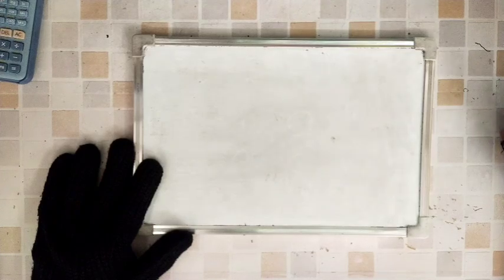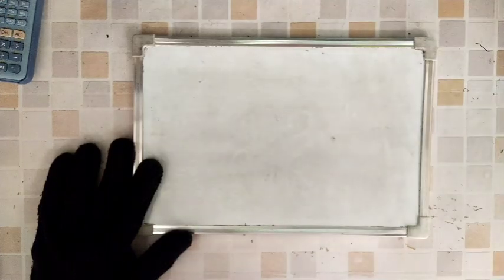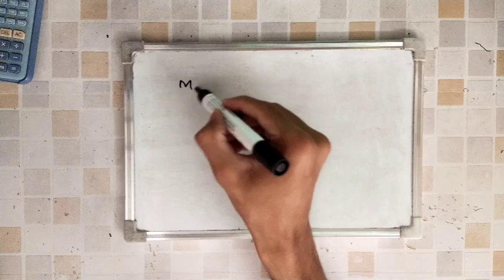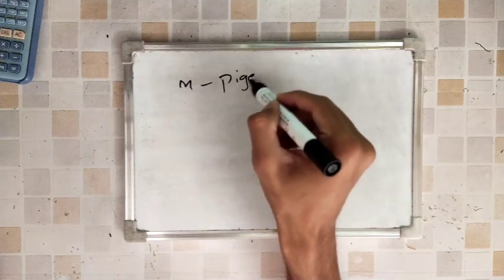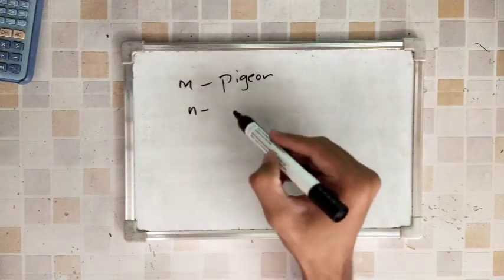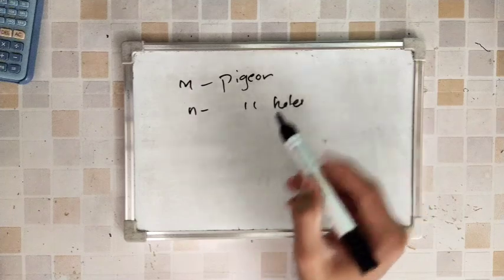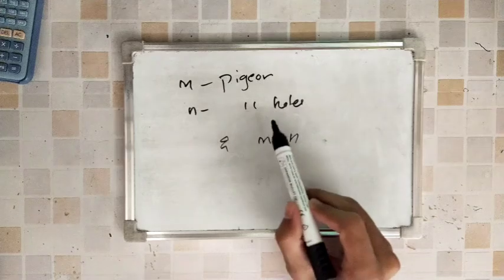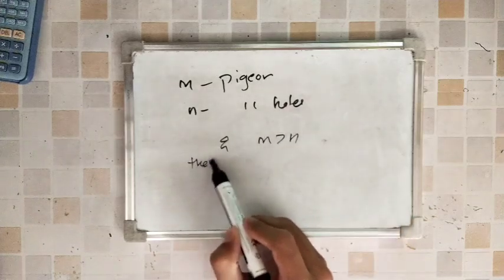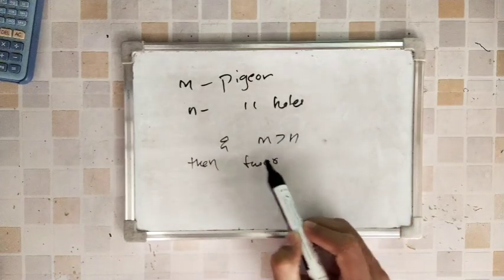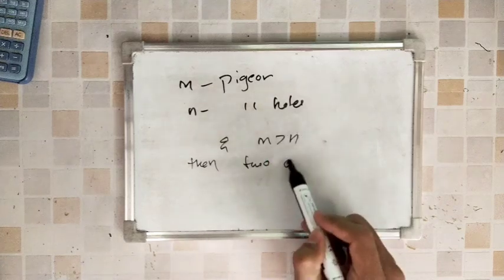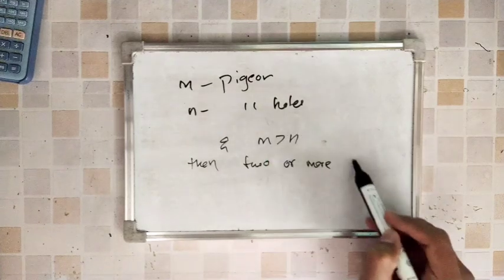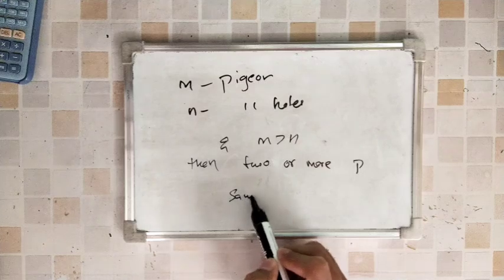I will state it properly for you. If m pigeons are there and n pigeonholes are there, and m is greater than n, meaning pigeons are more than the number of pigeonholes, then two or more pigeons will occupy the same pigeonhole.